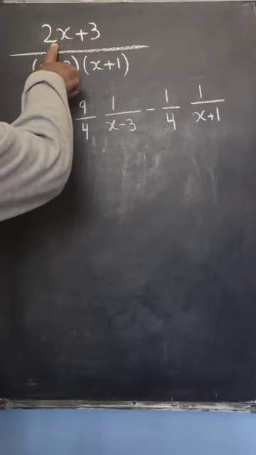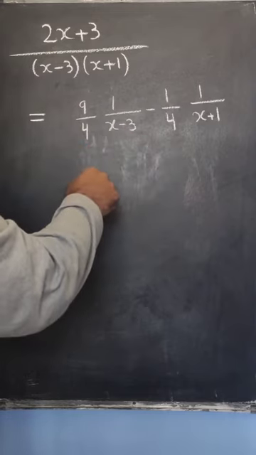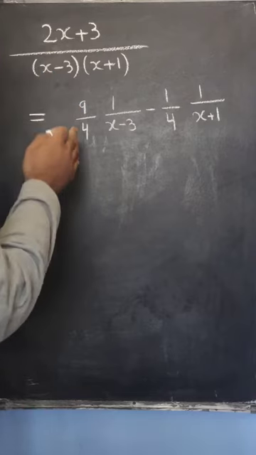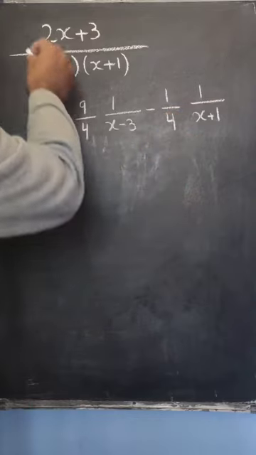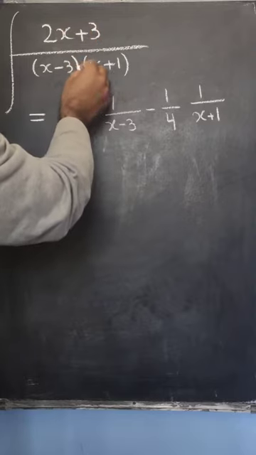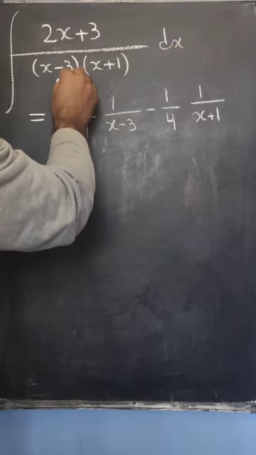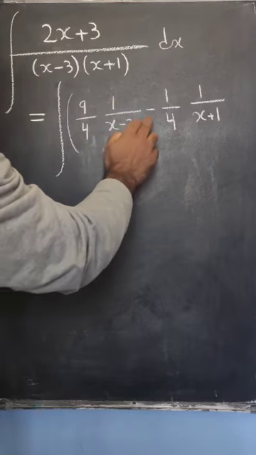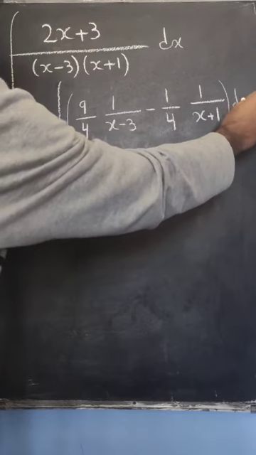Since we have decomposed this rational function into partial fractions, therefore, to find integration of this rational function, we have to integrate its partial fractions. So we can write integral (2x plus 3) divided by (x minus 3) into (x plus 1) dx is equal to integral of 9 by 4 into 1 by (x minus 3) minus 1 by 4 into 1 by (x plus 1) dx.